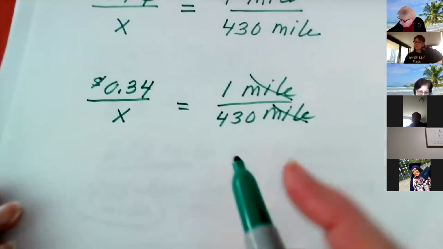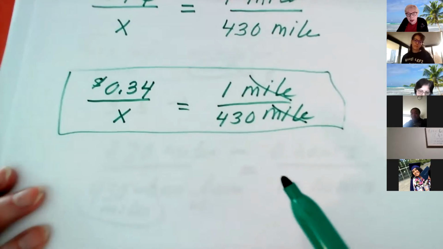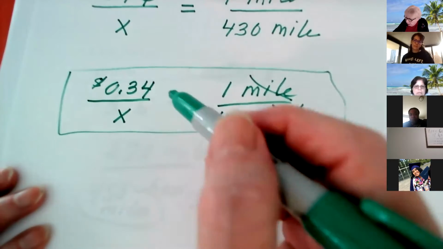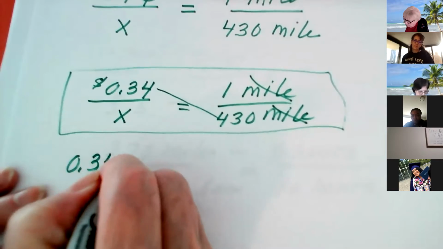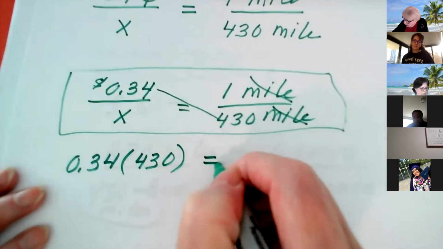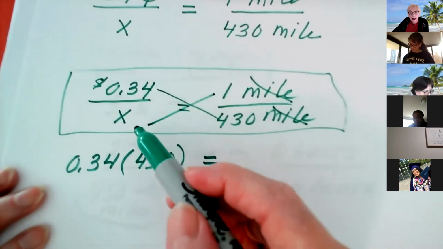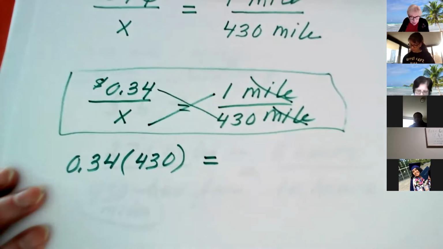So this is correctly set up. And now I'm going to solve it. It's this one times this one: 0.34 multiplied by 430 equals X times 1, which we write as 1X.